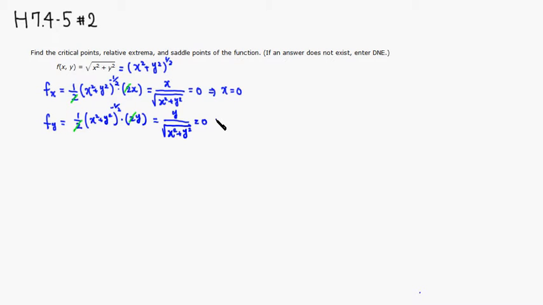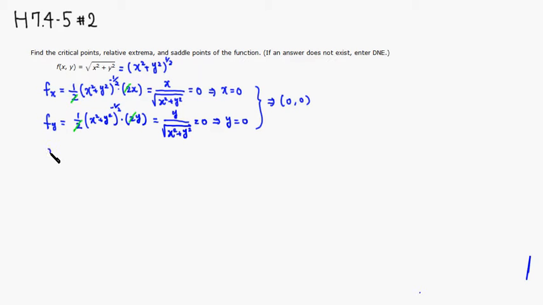So this is going to be y equals 0. It looks like the critical point is going to be 0, 0. Then let's do the second partial test.